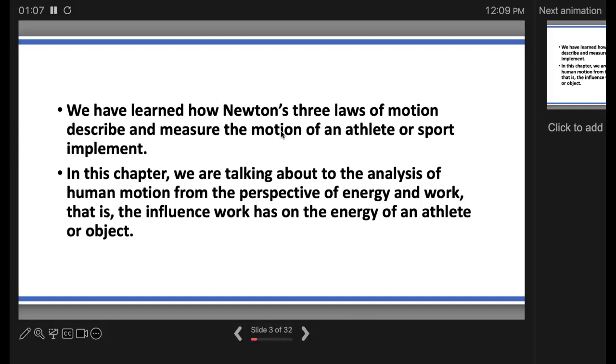So we've learned about Newton's three laws and how they describe how we measure motion in an athlete, and you guys have tried to do that in your labs. How did the disc golf go when you tried to analyze that? Did anybody get how fast they rotated?